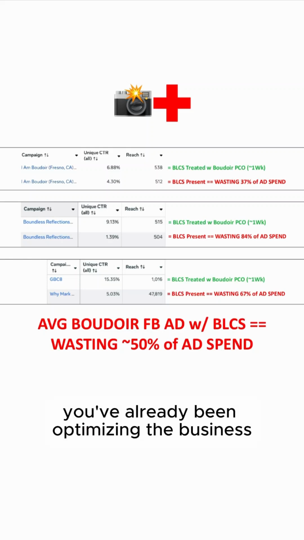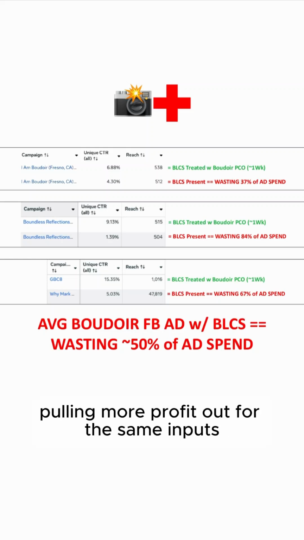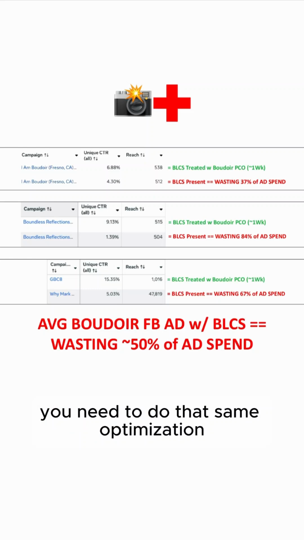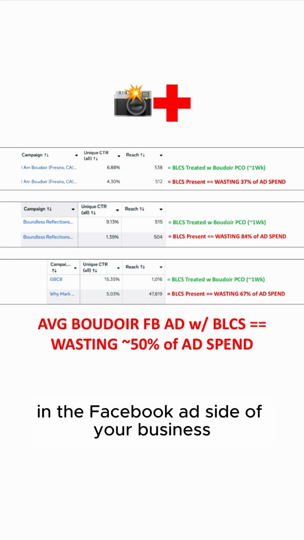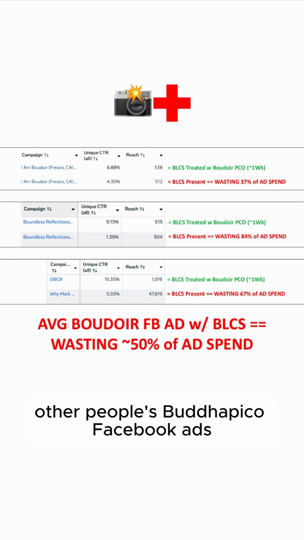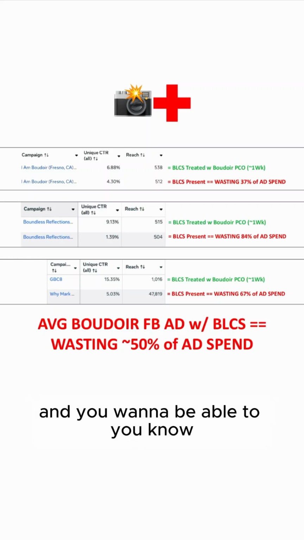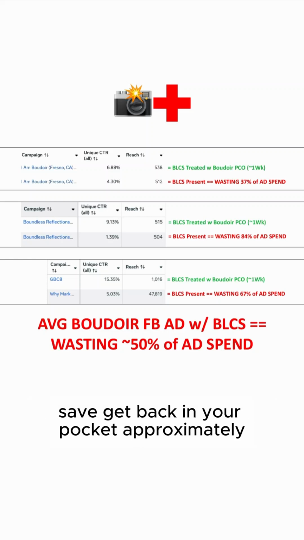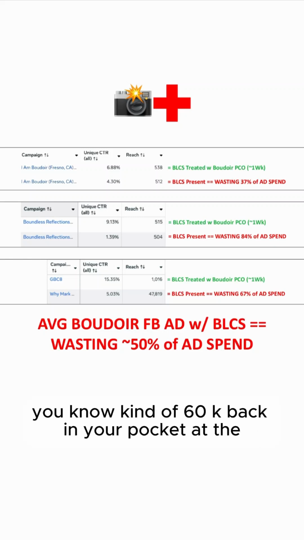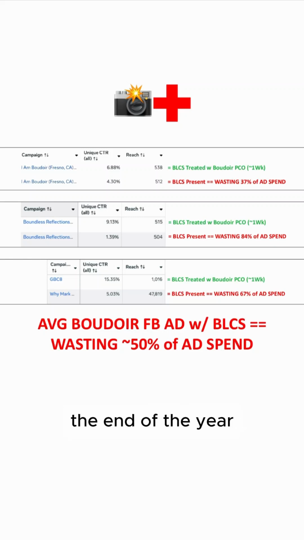So you've already been optimizing the business, pulling more profit out for the same inputs, or even better, less inputs, becoming more efficient in other areas of your business. You've decided now you need to do that same optimization in the Facebook ad side of your business, because you're seeing what Boudoir Pico has done for other people's Boudoir Facebook ads, and you want to be able to get back in your pocket approximately 5K every single month, or 60K back in your pocket at the end of the year.